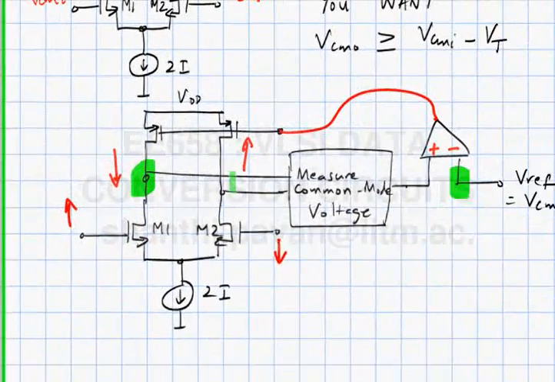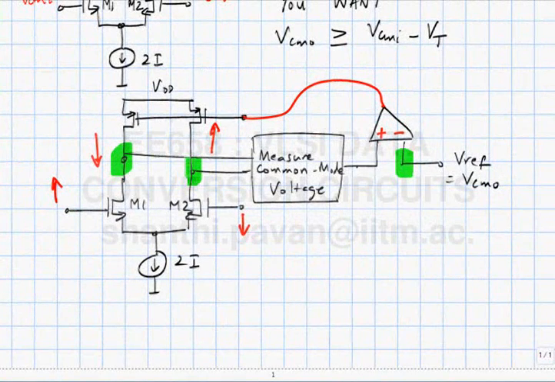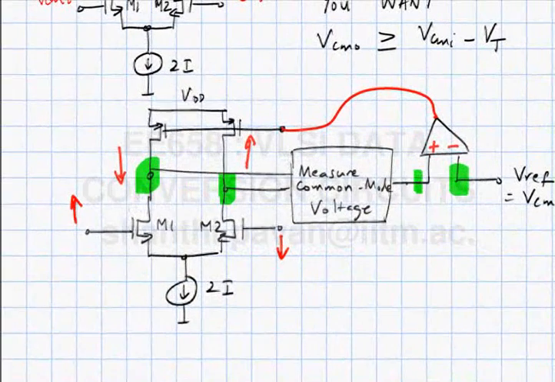If this goes up and this goes down by equal and opposite amounts, what comment can you make about the common mode voltage at the output? There is no change at all. So if there is no change in the output common mode, as far as the op-amp is concerned, nothing has changed for it.